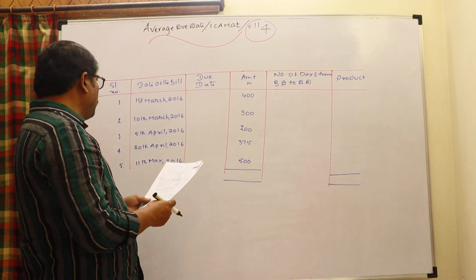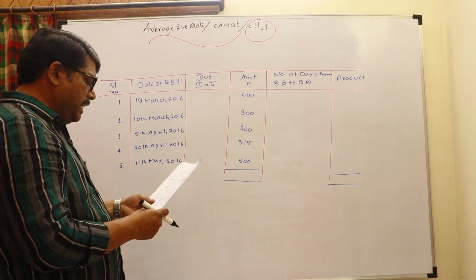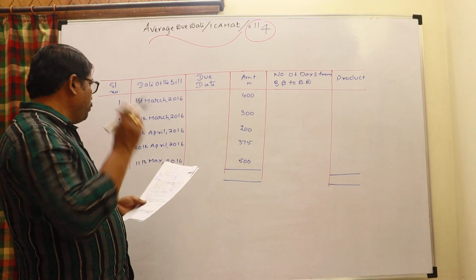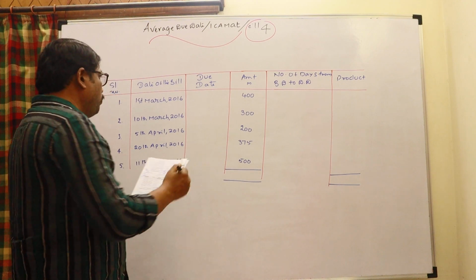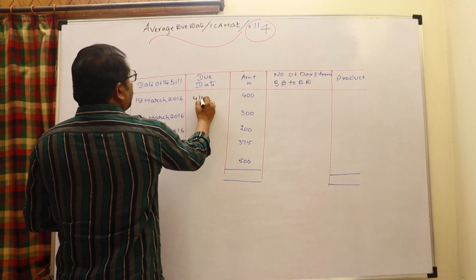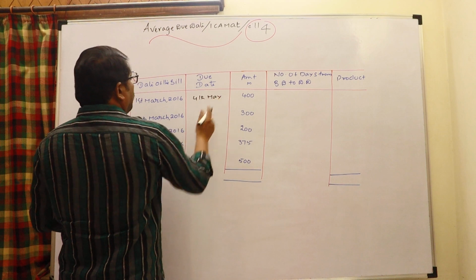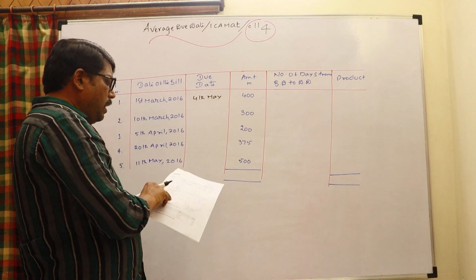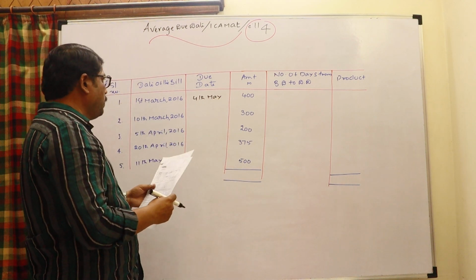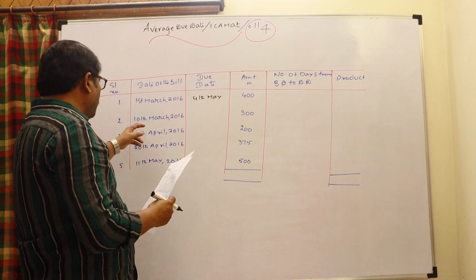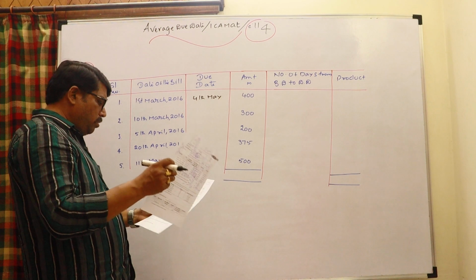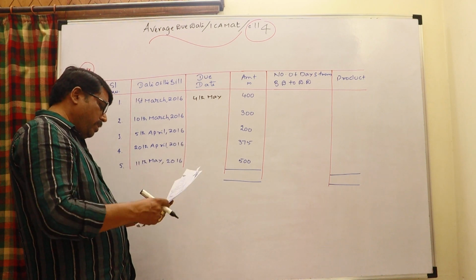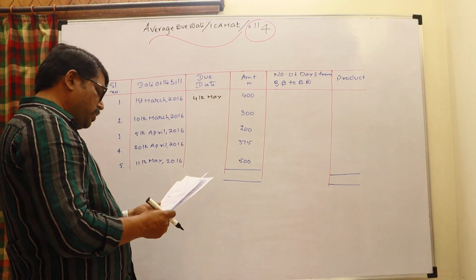First, 1st March 2016, that is a 2 months bill. March 1st, April 1st, May 1st, plus 3 grace days, which is 4th May. So 4th May is the due date for this bill. Next, 10th March, with a term of 3 months.